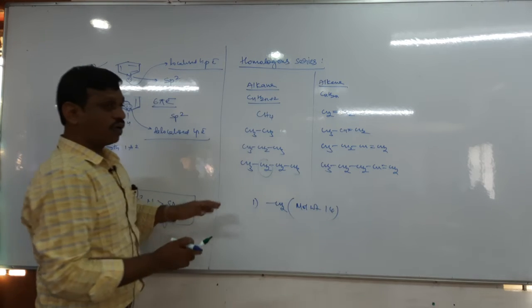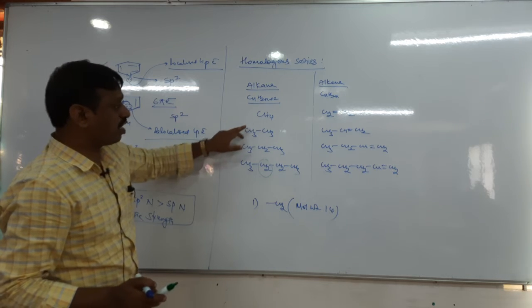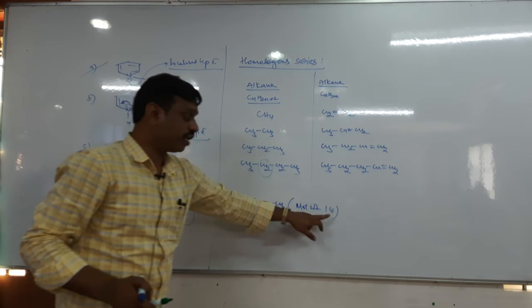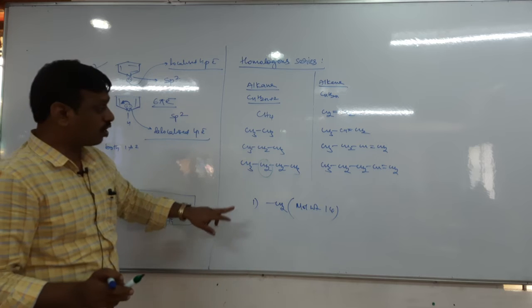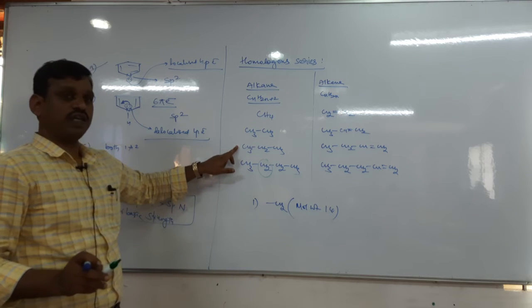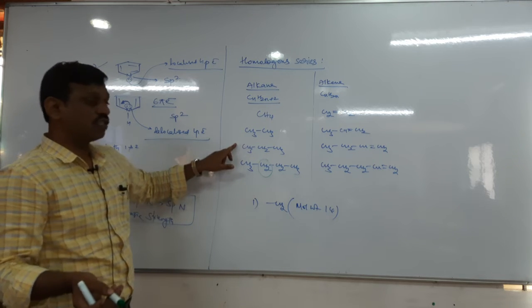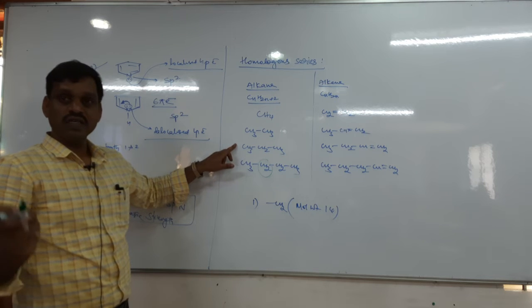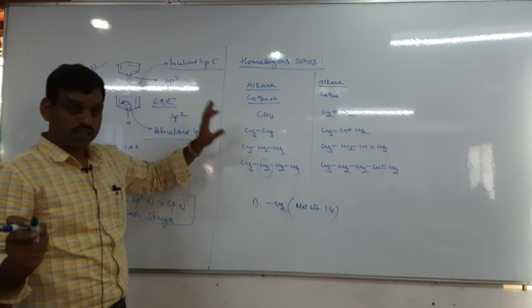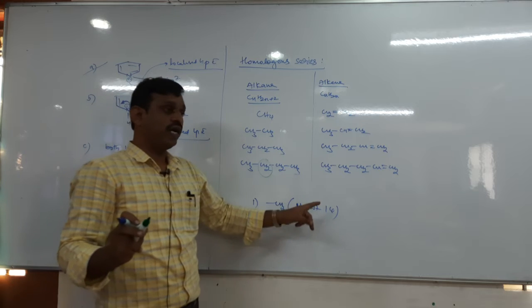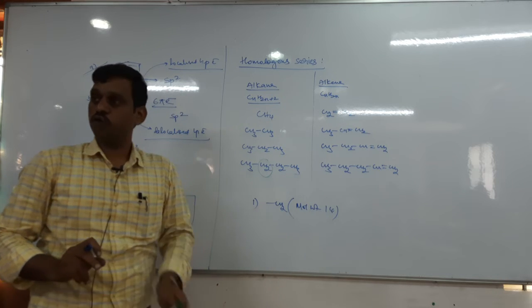For example, the difference between the molecular weight of methane and ethane is 14. Between ethane and propane, 14. The difference between these is CH2. So each consecutive member differs by a CH2 group and by molecular weight of 14.